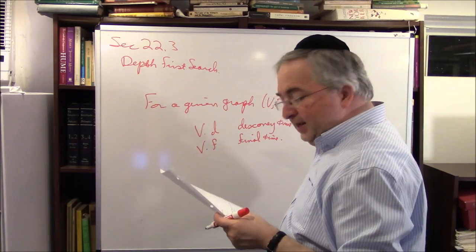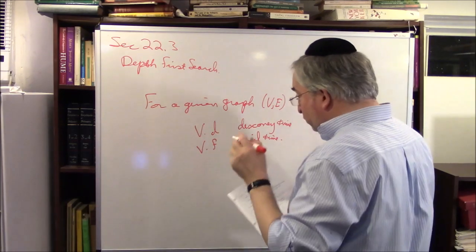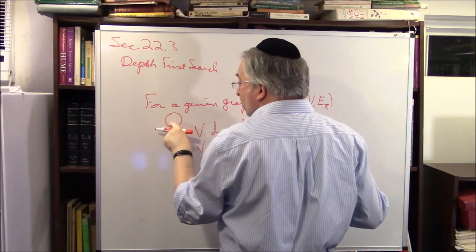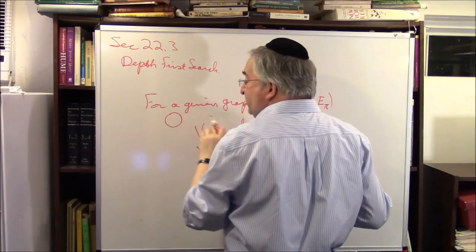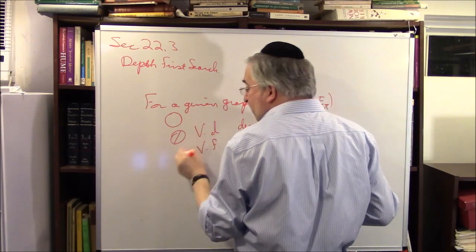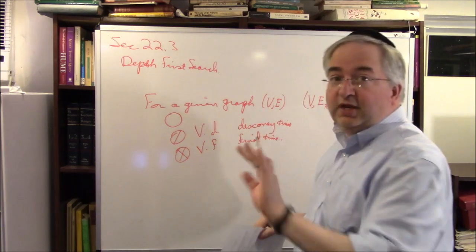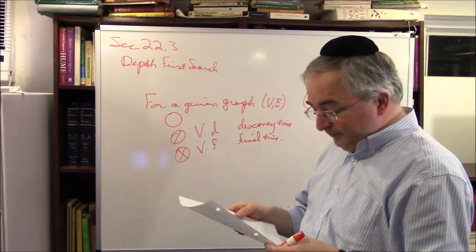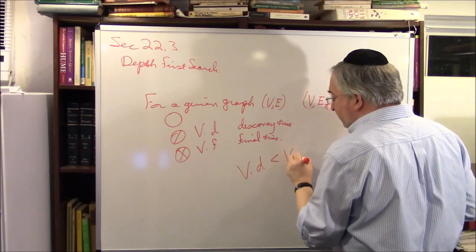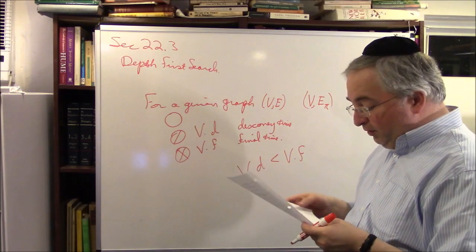Final time means when the algorithm is finished with it. We're going to use both of these, but remember the colors also. White means it hasn't been discovered yet. Gray means it's been discovered. And black means it's final. I finished with it. I'm never looking at that vertex again. And always v.d is less than v.f. When you discover something, it's before you finish it.